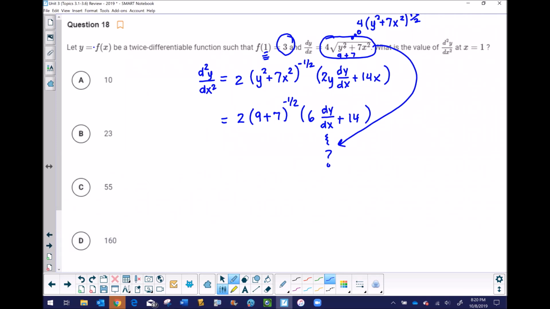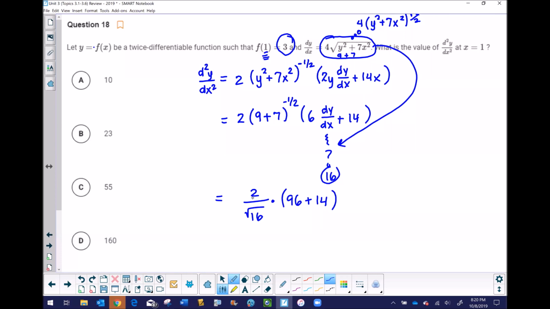Square root of 16 makes this a 4, and then multiply by the 4. So that question mark is just the number 16, isn't it? So when all is said and done, you've got 2 over the square root of 16 times 6, what? 6 times 16? It's too late to do that. That's 96 plus 14.